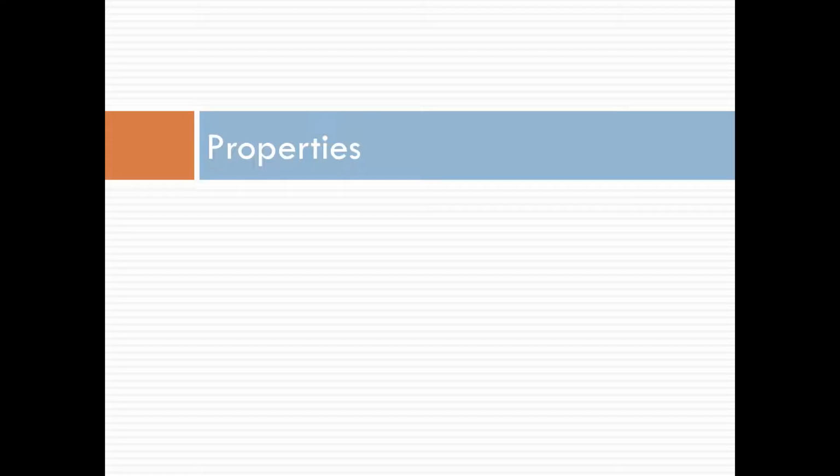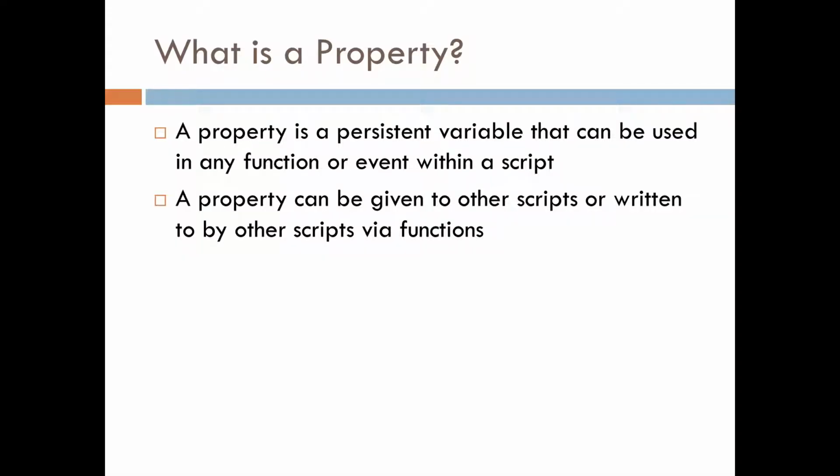Okay, so here's something really important: properties, because you will be using a lot of properties in your scripts. So what is a property? A property is a persistent variable that can be used in any function or event within a script file, and the game stores that in memory while the script is active.